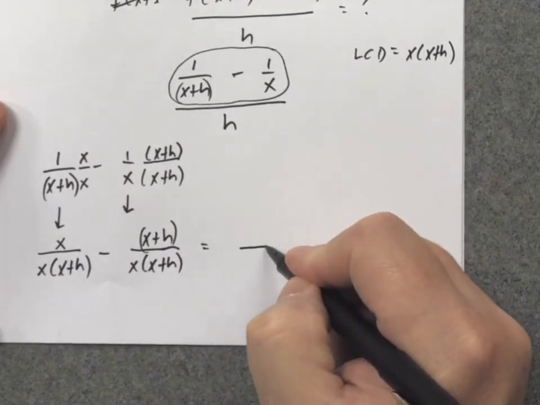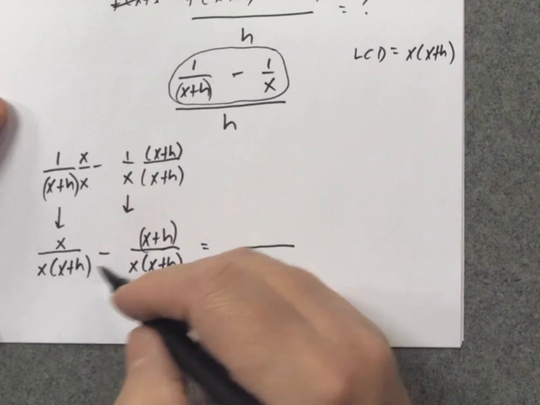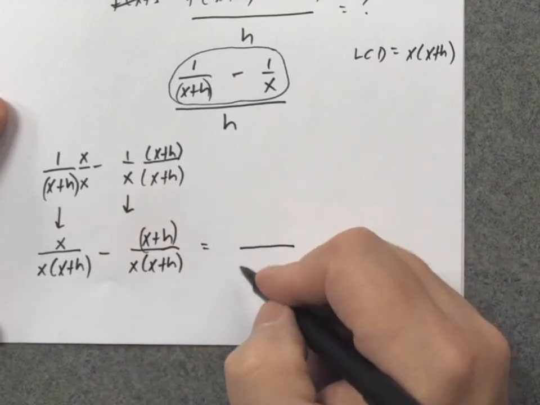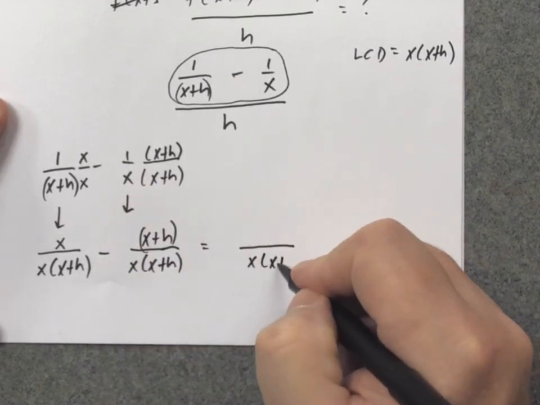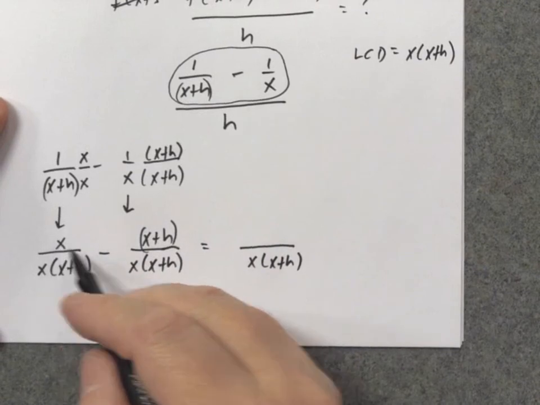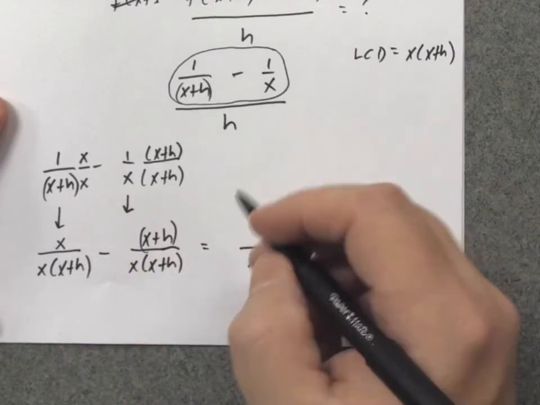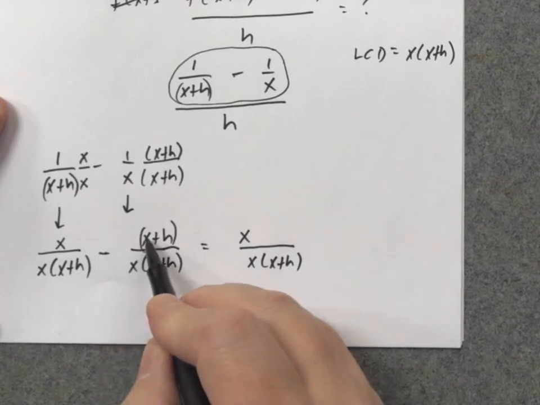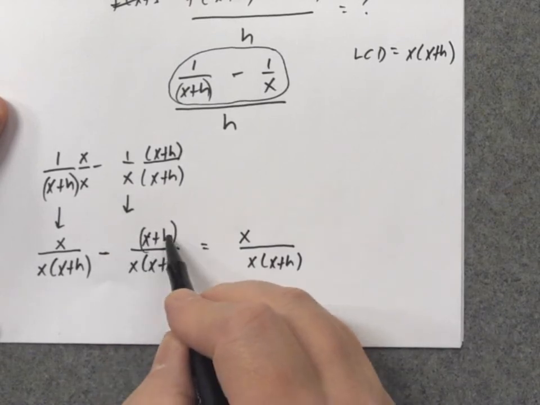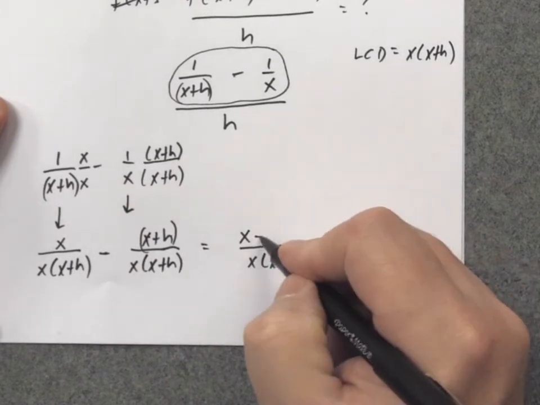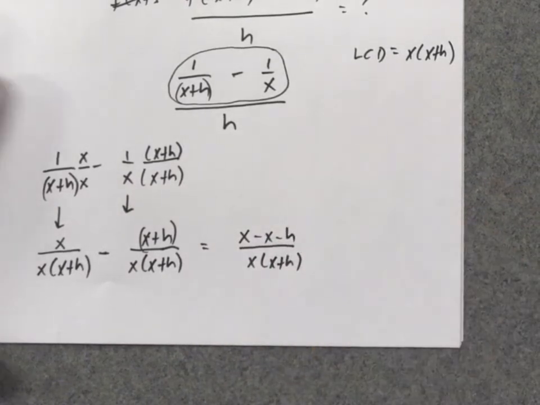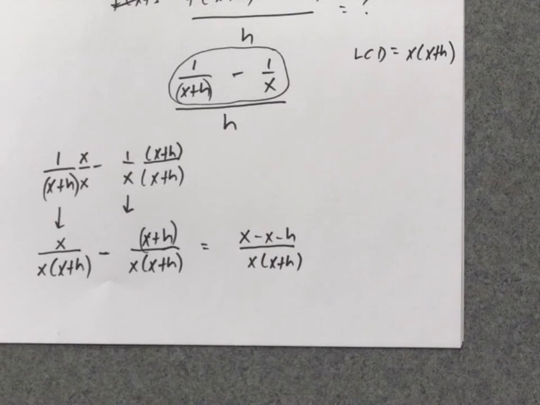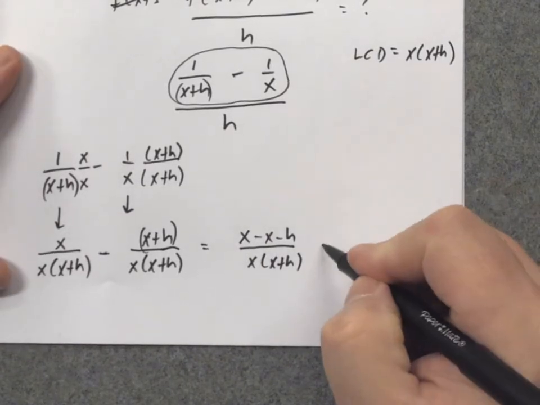And you remember, when you subtract fractions with the common denominator, you write the common denominator in the bottom, and then you subtract. So this is minus x plus h. So it's going to be minus x and also minus h. All right, you've got to keep track of your positives and negatives. That's where a lot of students will make mistakes.